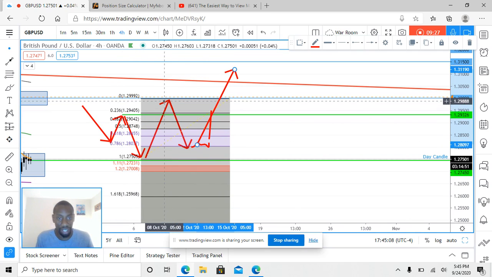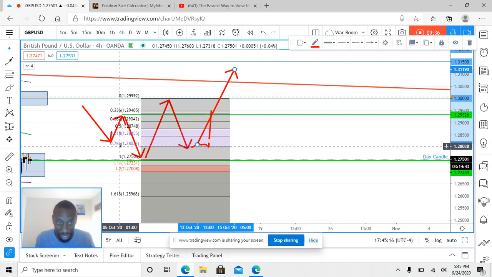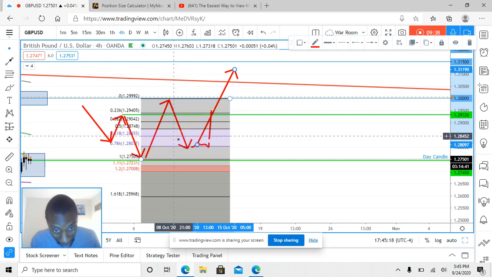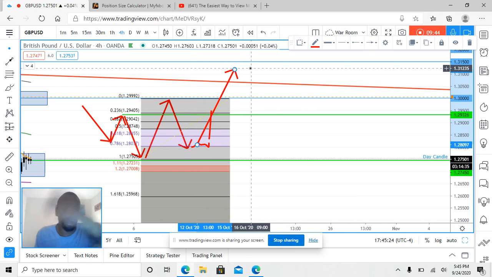So we have a break of structure right here, retracement of 78.6, and a continuation right there. Now we're in the uptrend. Simple as that. We're in an uptrend and we're looking for buys.